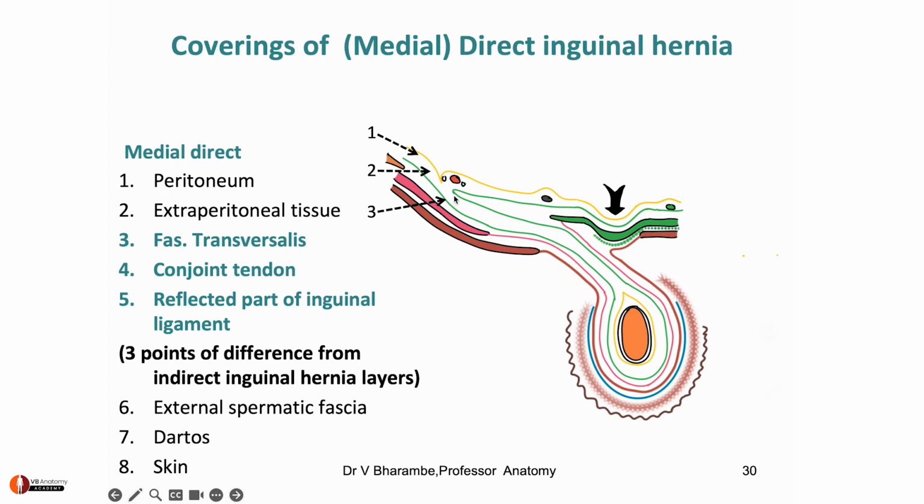Because internal spermatic fascia is lining the canal. This is directly fascia transversalis. Then it acquires a layer of conjoint tendon, the reflected part of the inguinal ligament, and finally the external spermatic fascia, dartos and the skin. The layers are as follows.